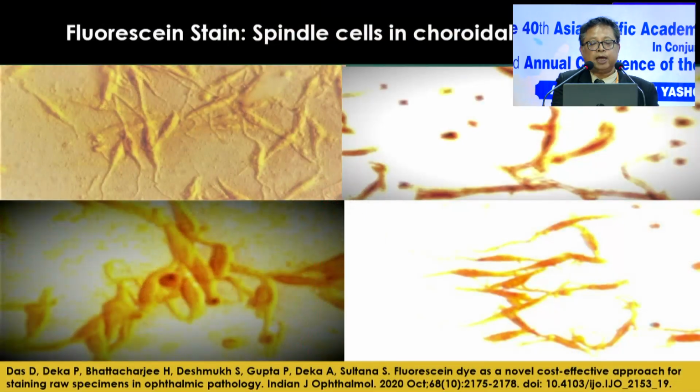Now you see these are all being seen in the rapid fluorescent stain. These are the spindle cells and epithelioid cells. What is important is that sometimes a masquerading tumor can be in the vitreous cavity, and there is always an issue that you cannot catch it in smear cytology. Always the clinician complains to the pathologist.